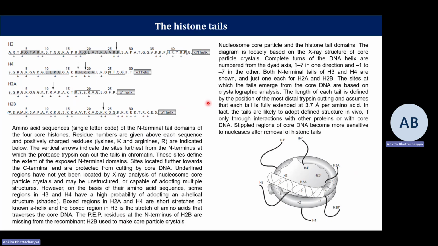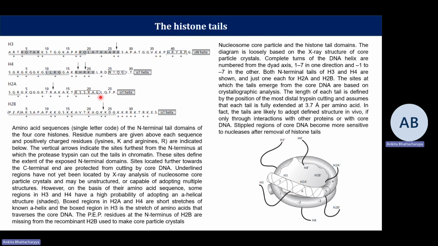You can see there is different numbering. I'm not going into too much detail, but you can see that the length of the histone tails is also different. H3 actually has the longest tail. It's, I think, a common question in some exams, so you can refer to that as well.